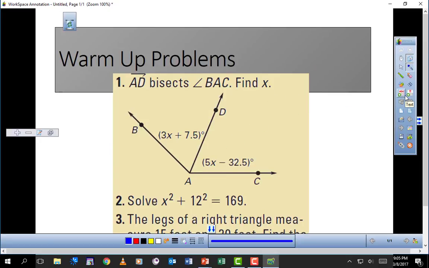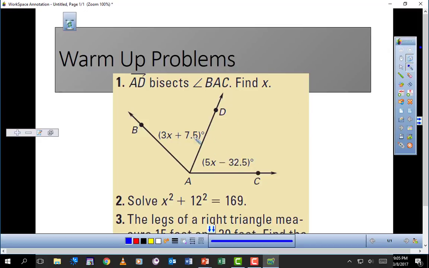The main thing about a bisector, just like a segment bisector, is that an angle bisector cuts an angle right smack in half. And so this angle here is congruent to this angle over here. If they're congruent, then their measures must be equal. And so that gives us a working equation.